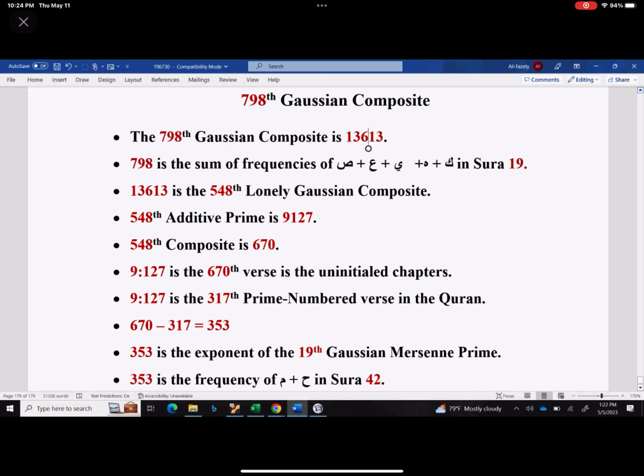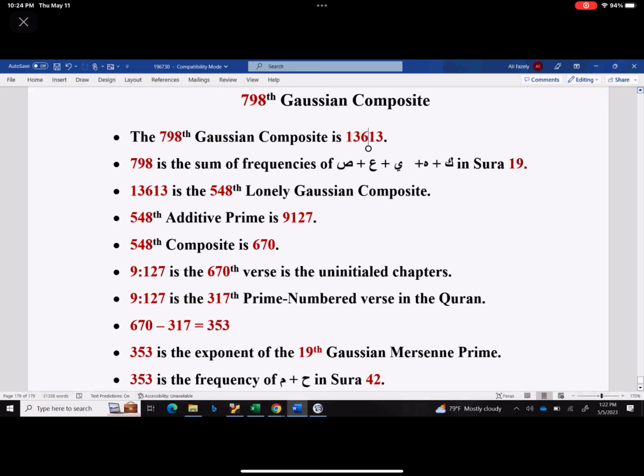And 548 immediately gives us a huge sign. The 548th additive prime happens to be 9127. So 798, the number of K.Ha.Y.Ayn.Saad in chapter 19, immediately generates 9127.